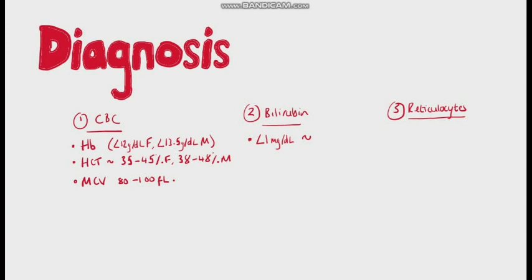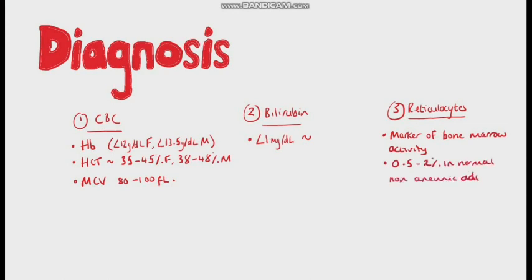They normally circulate in the blood for a day before maturation, so an increased number indicates that the bone marrow is working to produce more red blood cells, and so this value is a good marker for bone marrow activity. Normally, the range is between 0.5 and 2% in adults, but in anemic adults, you would expect the level to be higher if the bone marrow is working correctly.